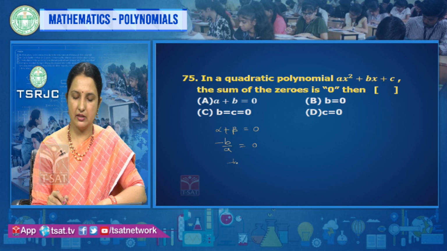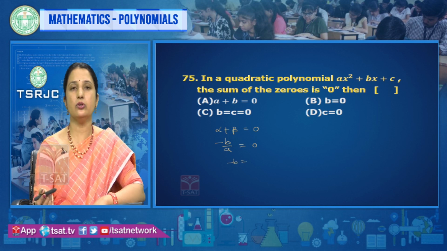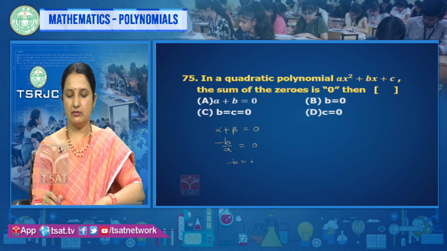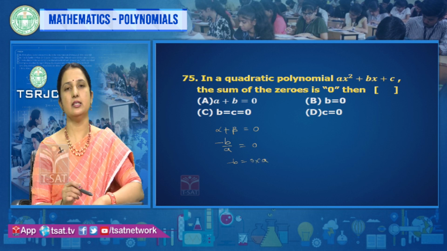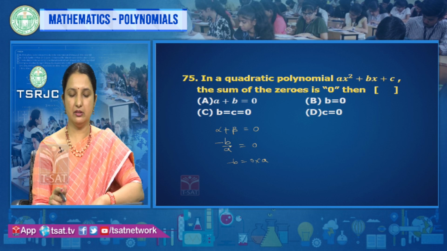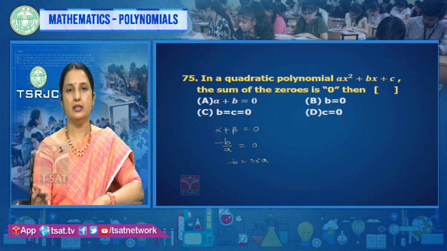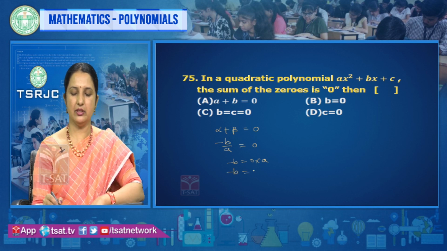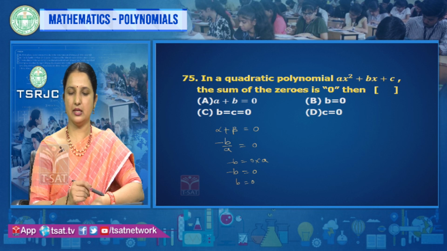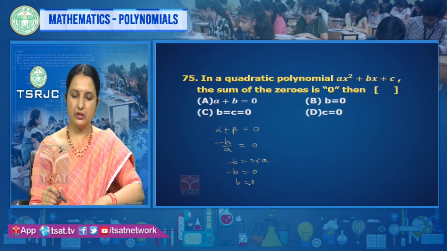Then minus b equals 0 into a, because if a goes to the right side it multiplies. So minus b equals 0, so b equals 0 is correct.